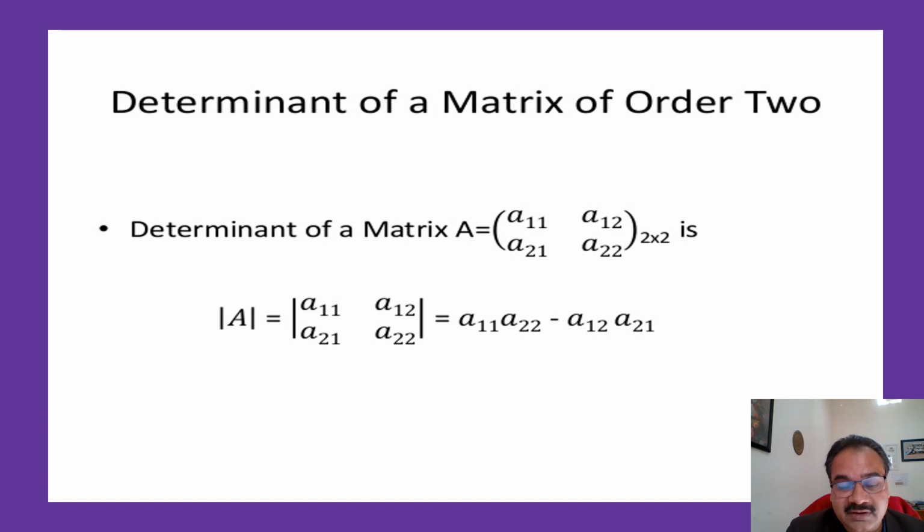Then the determinant of A can be written as the array a11, a12, a21, a22 between bars. And what is the definition? You multiply a11 by a22 minus a12 multiplied by a21. If a square matrix of order 2 cross 2 is given, then we define the determinant as a11 a22 minus a12 a21.